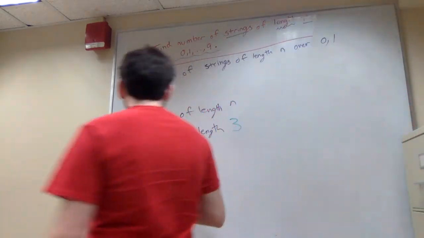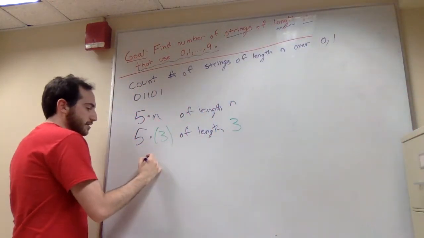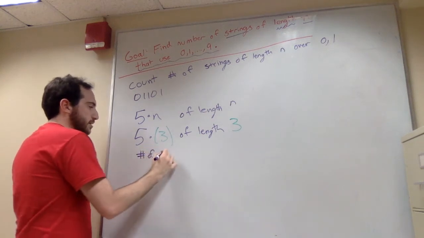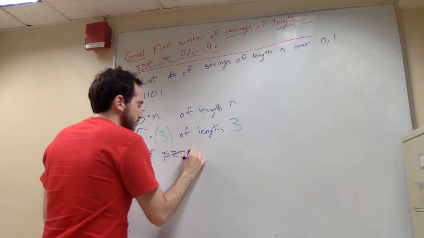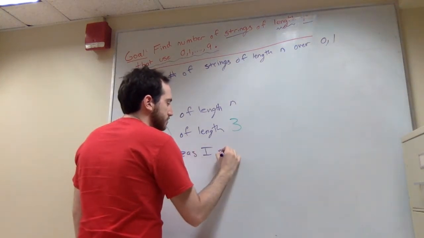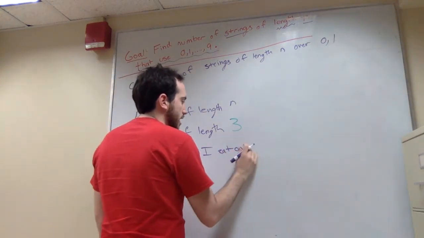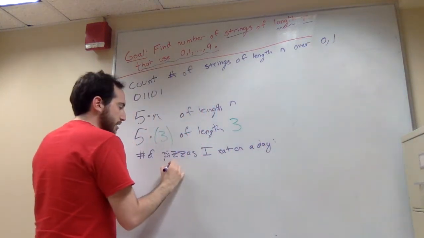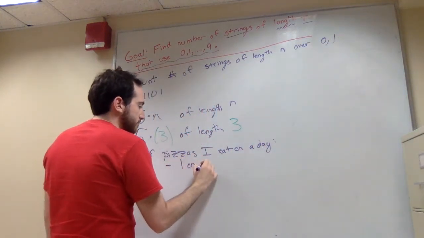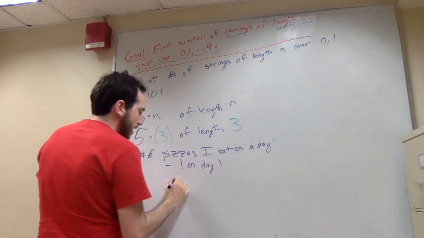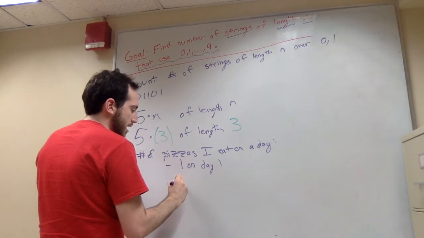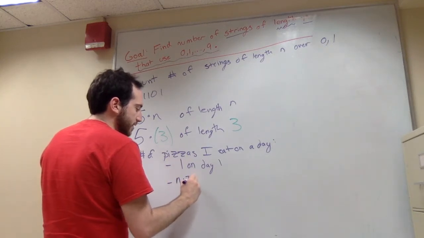For example, let's say that the number of pizzas I eat on a day is given by: I eat 1 on day 1, and then I eat n plus 7.